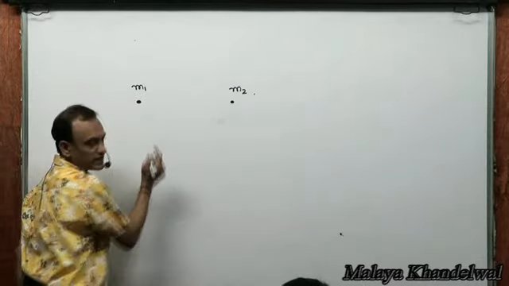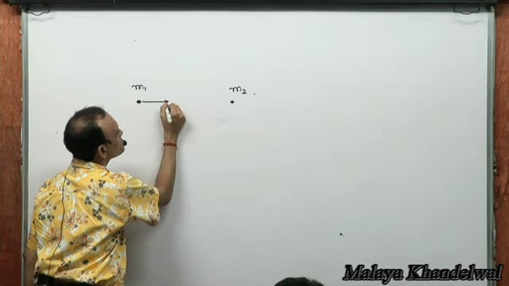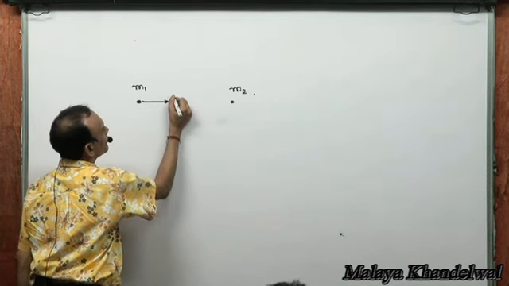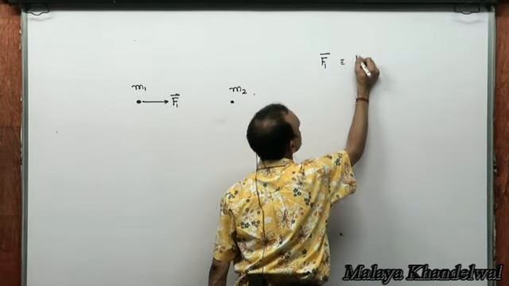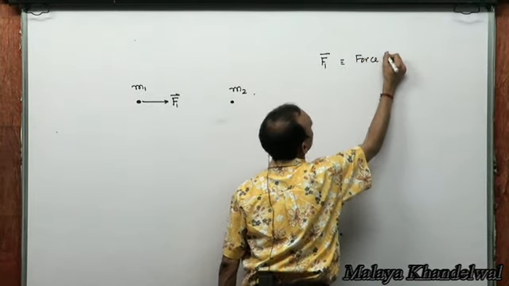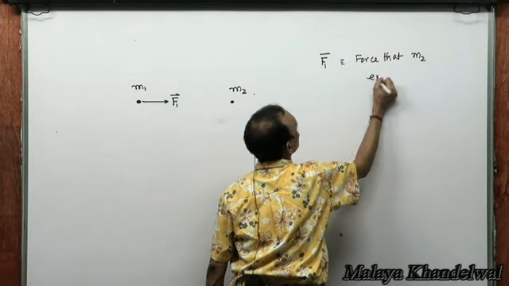M2 exerts on M1, say, a force F1. F1 is the force that M2 exerts on M1.